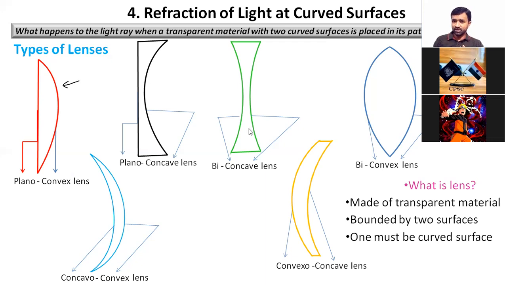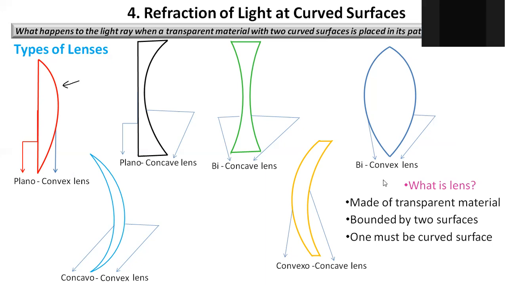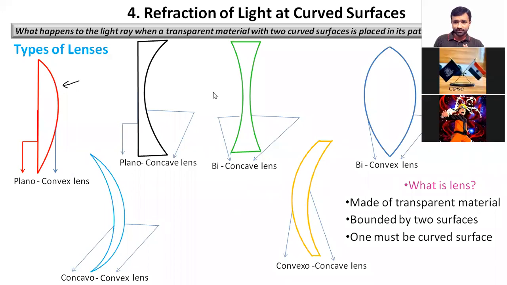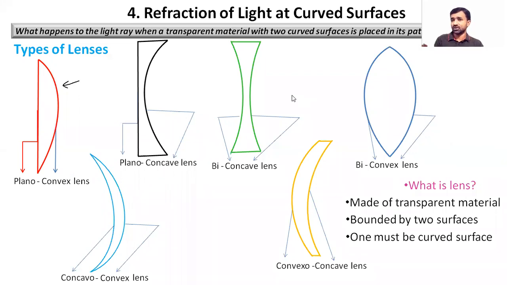What are the types we have? You need to remember them. Do you need to remember them? Anybody? Is it compulsory to remember the names? No need. You just need to know the surfaces, right? By knowing the surfaces, you can design your own lens in the diagram by taking different combinations, then name it. The first surface is the prefix, then the second surface is the suffix.